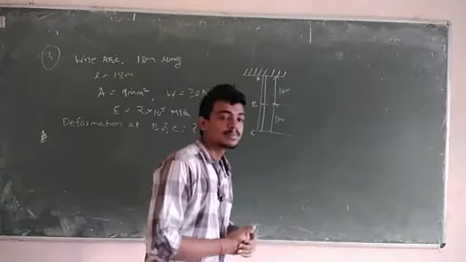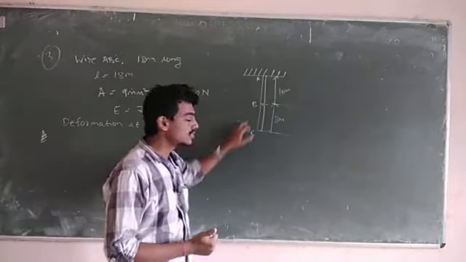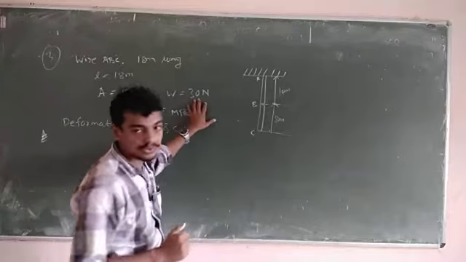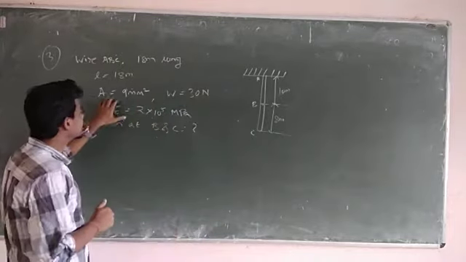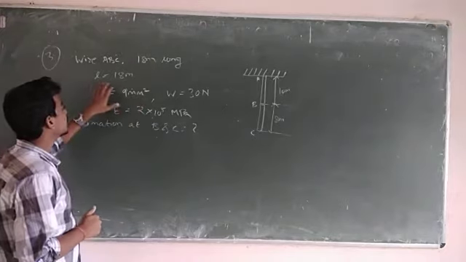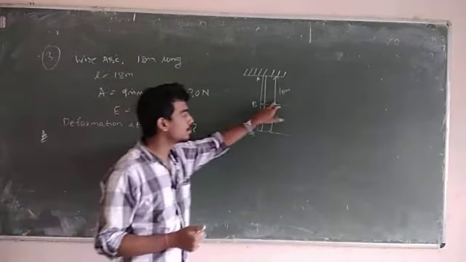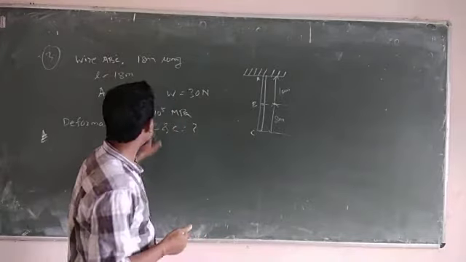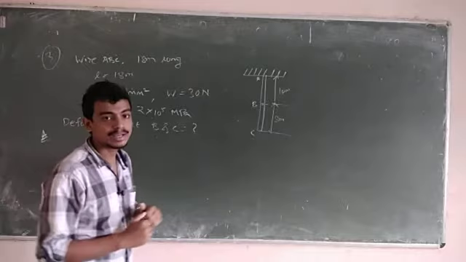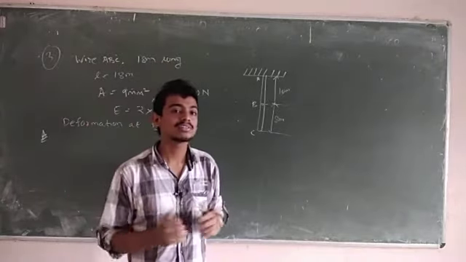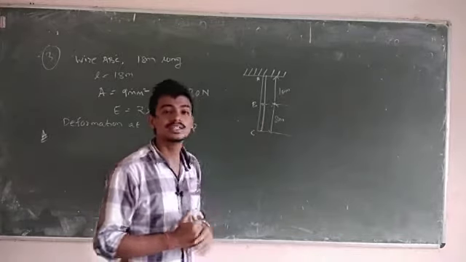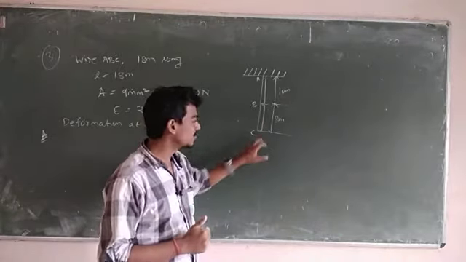So in this problem, one bar ABC is given, its self weight is given 30 Newton, and area of that wire is given 9 mm square, and the lengths are given 18 meter, 10 meter and 8 meter, and modulus of elasticity E is 2 into 10 to the 5 megapascal. You have to find out the elongation or the deformation at B point and at C point. So first I will calculate at C point.